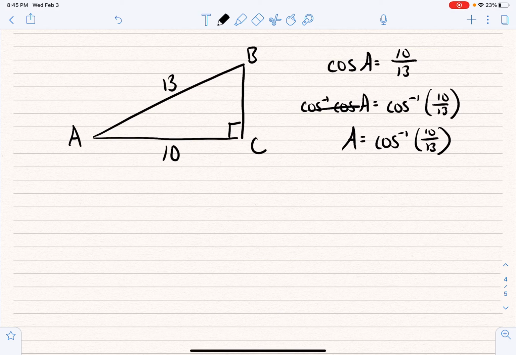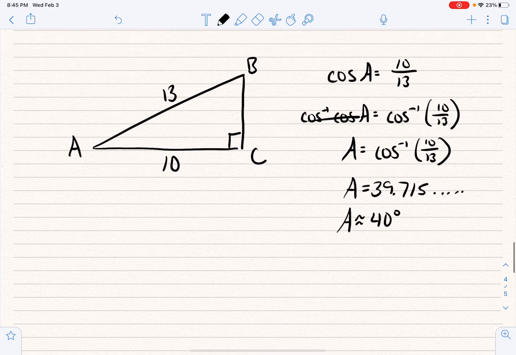Grab my calculator. Inverse cosine, so that's second cosine, 10 divided by 13, close the parentheses, and we get 39.715 something. So A is about, not 39, if we're going to round to the nearest whole degree, it'd be about 40 degrees.